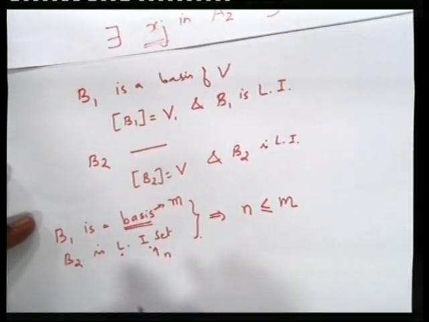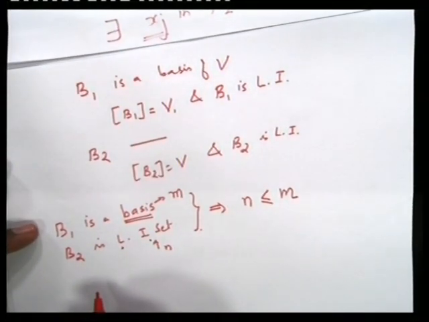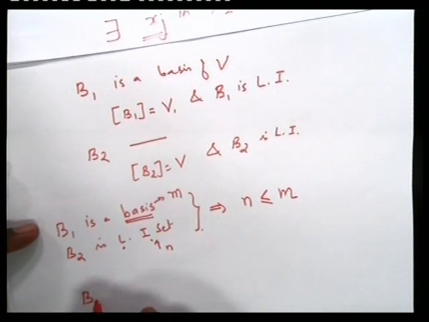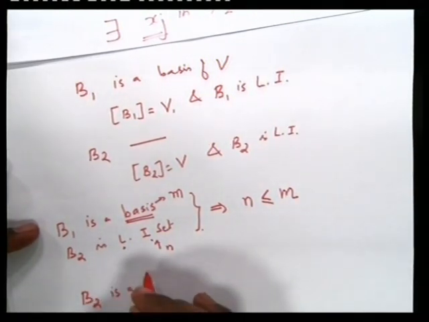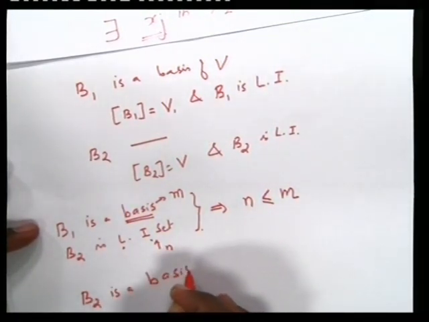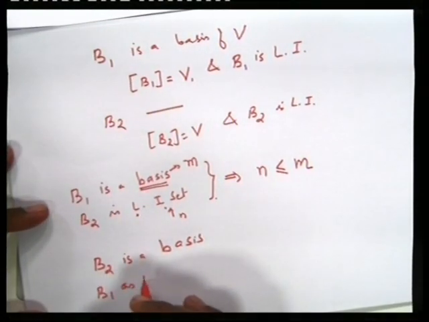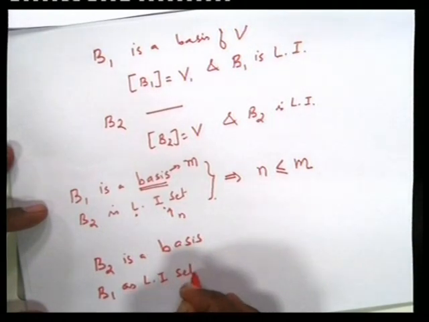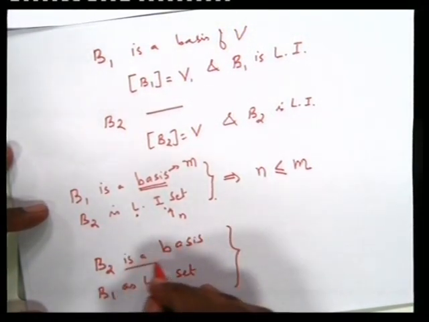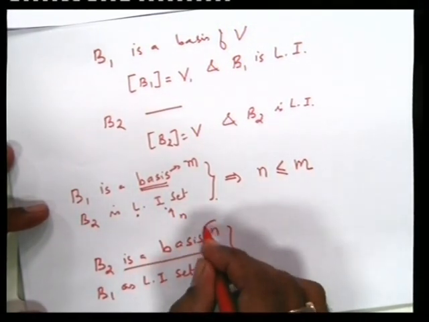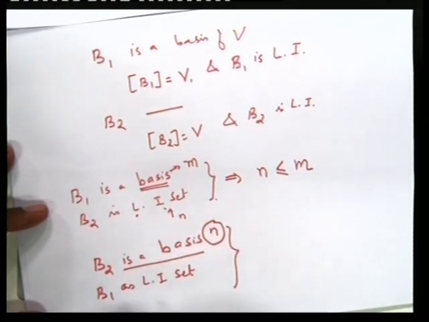Think in a different way. Say B2 is a basis, and consider now B1 as a linearly independent set. B2 is a basis, so it contains exactly n elements.